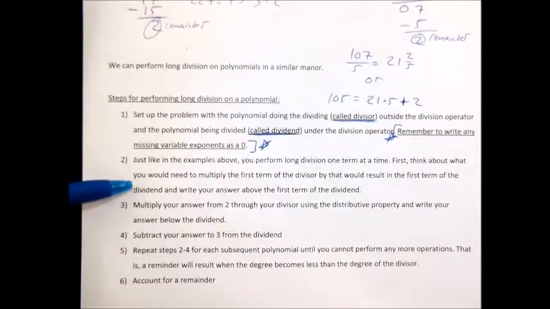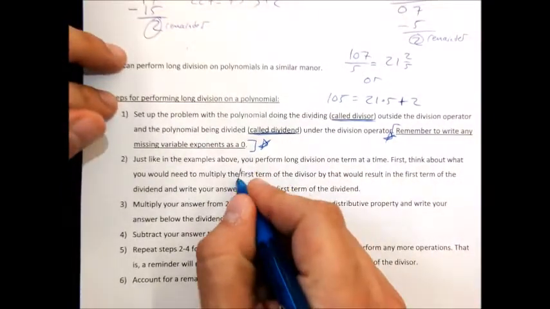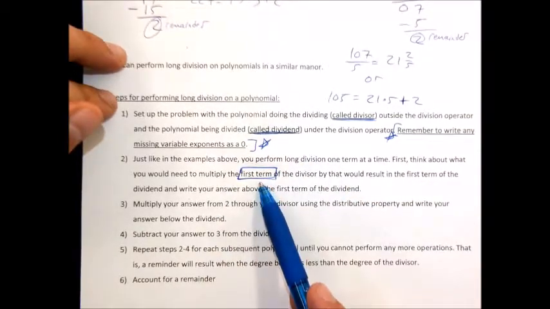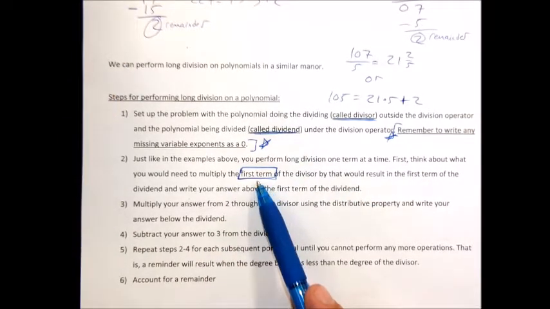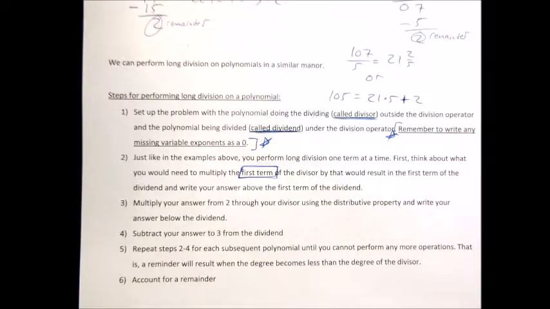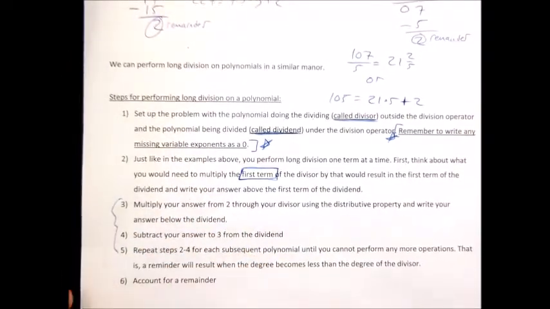And then you do the division very similar to what we just did, except you just focus on the first term of the divisor. So you ignore everything except the first term, and the first term only comes in when you multiply things back through. Again, you'll see that on the next page. But then 3, 4, and 5 are very similar to what we did above.